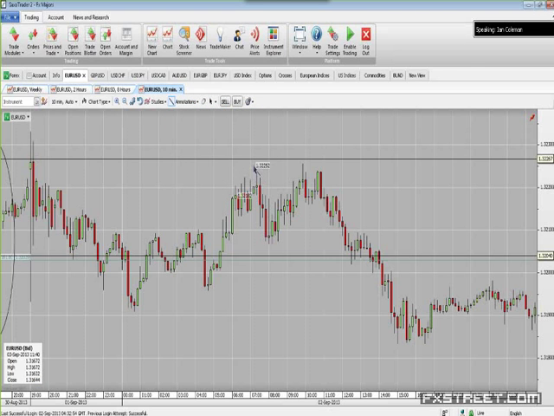I'll take the length of that bar, add it to the top of that bar, and that would become my stop. My target, or my first target for half my trade, would be the same on the other side.